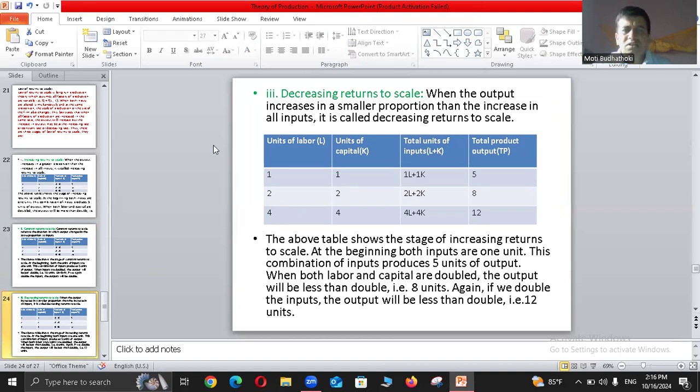Now next, the third type of returns to scale, known as decreasing returns to scale. When the output increases in a smaller proportion than the increase in all inputs, it is called decreasing returns to scale. In this table, in the beginning, here is 1L plus 1K, and the result from this input is 5 units of output, that is TP.